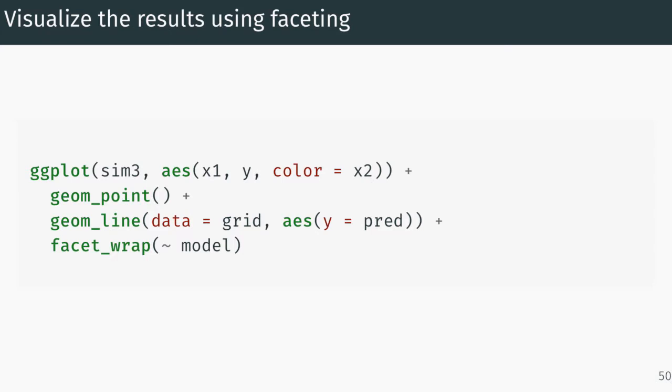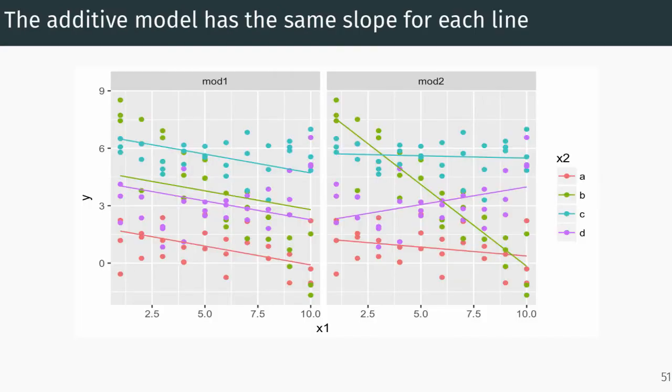And we can visualize the results using faceting. So we're going to facet wrap on models. We have 2 models, so there are going to be 2 facets to this. And we're going to have lines for the values; remember, the x2 coordinate takes on 4 possible values. So that means that we're going to have 4 geom lines in each of the 2 facets, plus the original data.